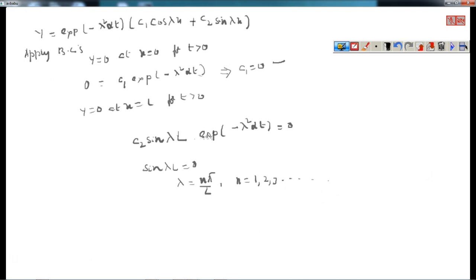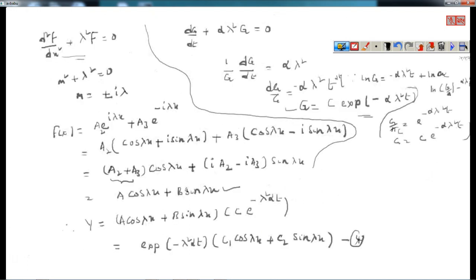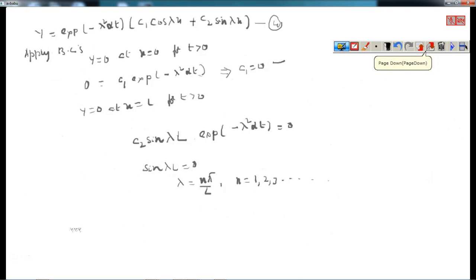Now the solution of equation 4 becomes, am I correct, this is equation number 4, the solution would become y is equal to sigma n is equal to 1 to infinity Cn exponent minus lambda square alpha t.